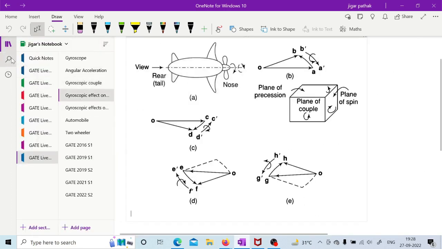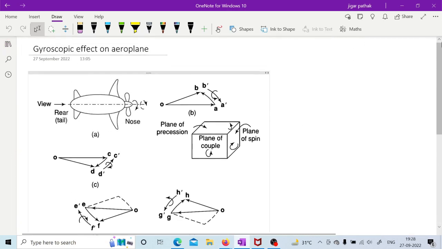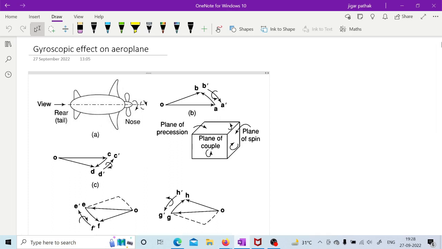Now if we go to the different cases, let us see the effect of this gyroscopic couple on an aeroplane. Different cases are given here.